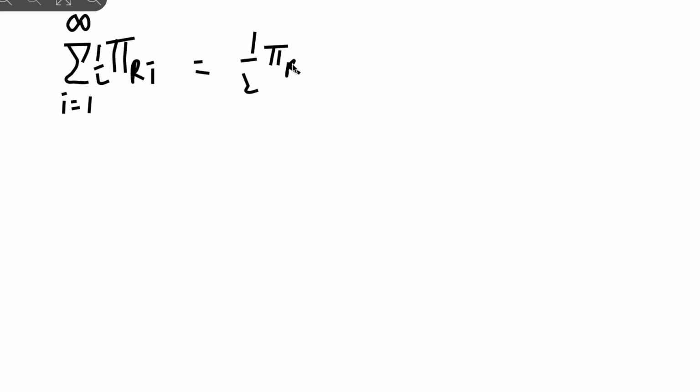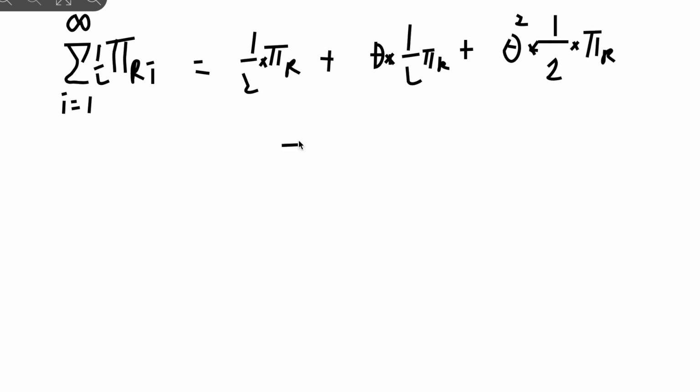Half of the pi of r, plus theta times half of pi of r, plus theta to the power 2 times half of pi of r, plus, until n, half of pi of r, and we're going to make it infinity, right?